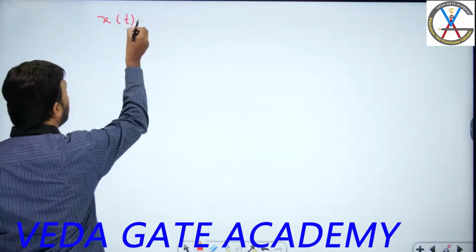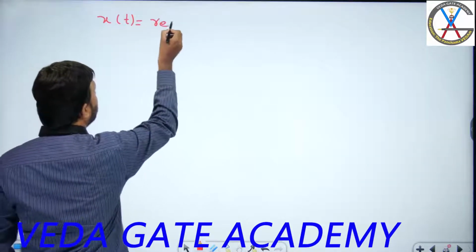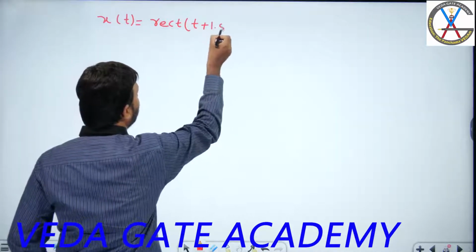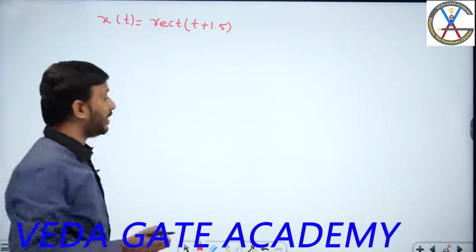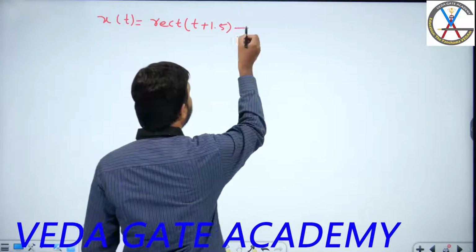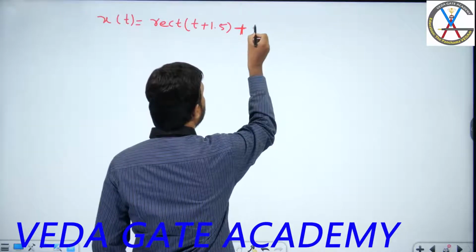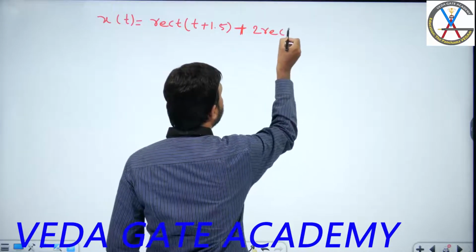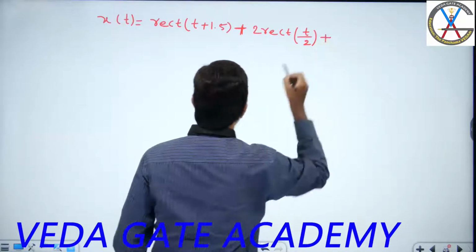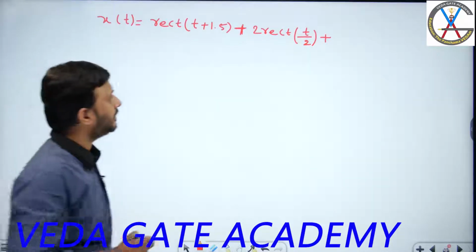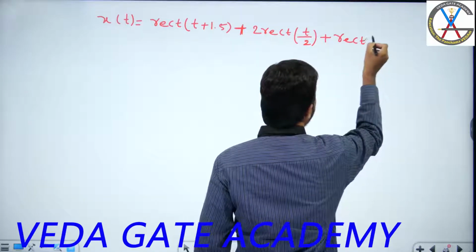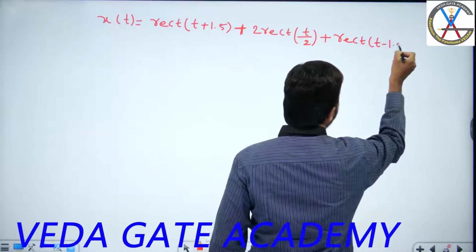x(t) is equal to rect(t + 1.5), the advanced version of rect(t) by 1.5 units, plus 2 rect(t/2), plus rect(t - 1.5).